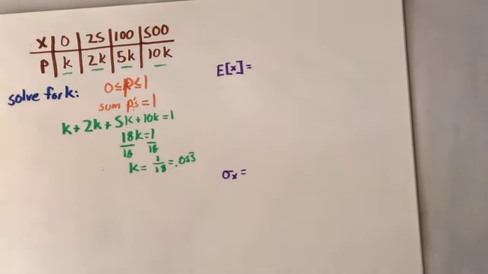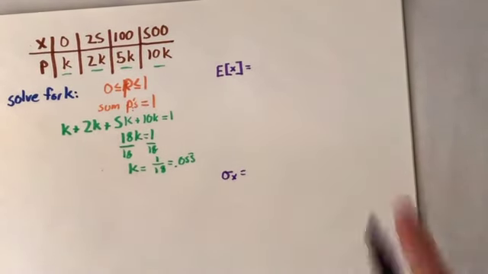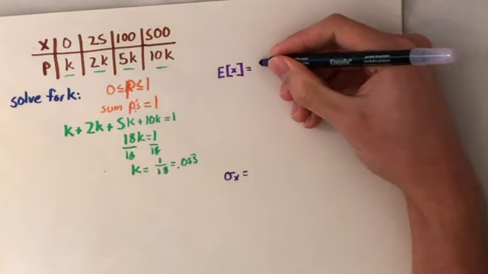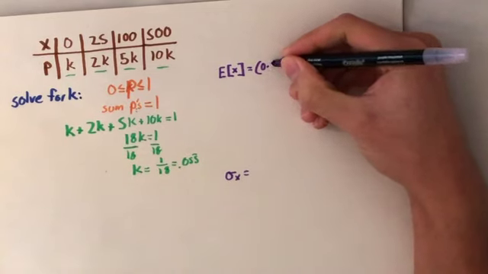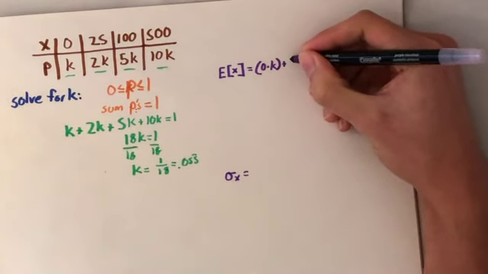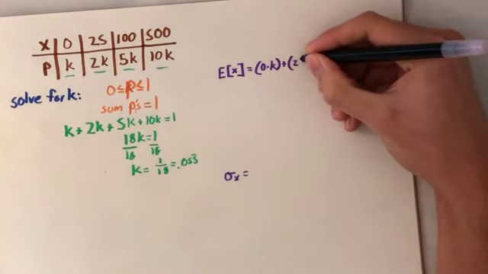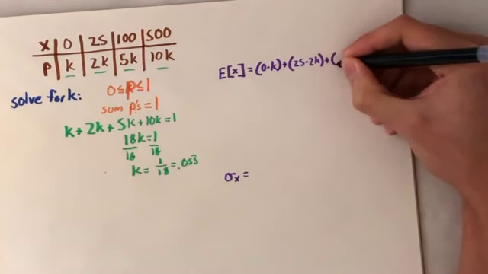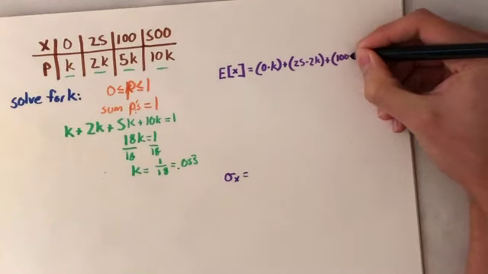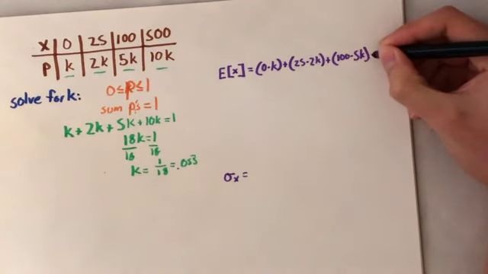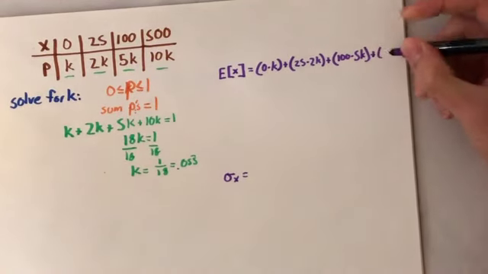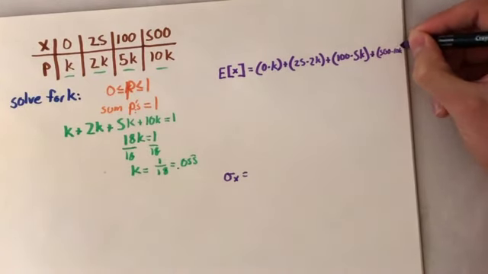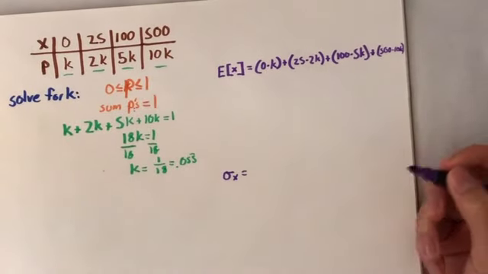We start with our first pair, which is 0 and k. We have 0 times k, plus our second pair, 25 times 2k, plus our third pair, 100 times 5k, and finally our fourth pair, 500 times 10k.